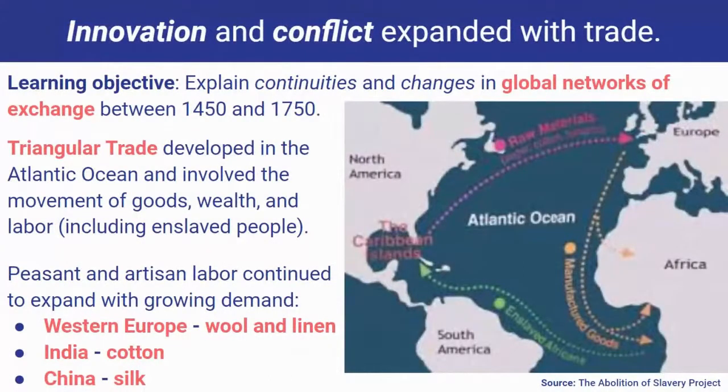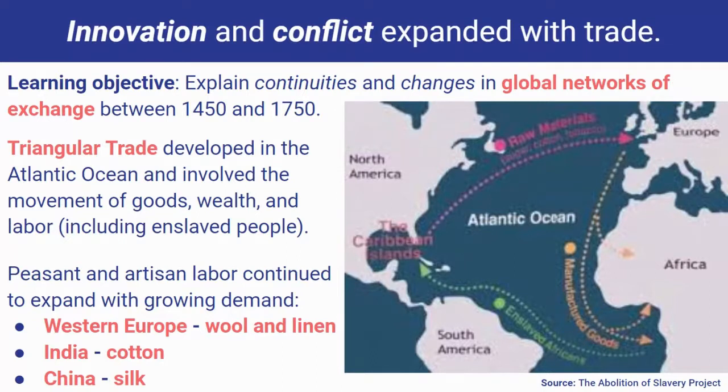The next thing to talk about are continuities and changes in the global networks of exchange that existed in this time. And remember that this is an example where continuities and change tend to be a little bit blurry. The emergence of triangular trade in the Atlantic Ocean is just a continuation of the expansion of trade networks. However, it's also a change because it's the coming into existence of a brand new thing, right?